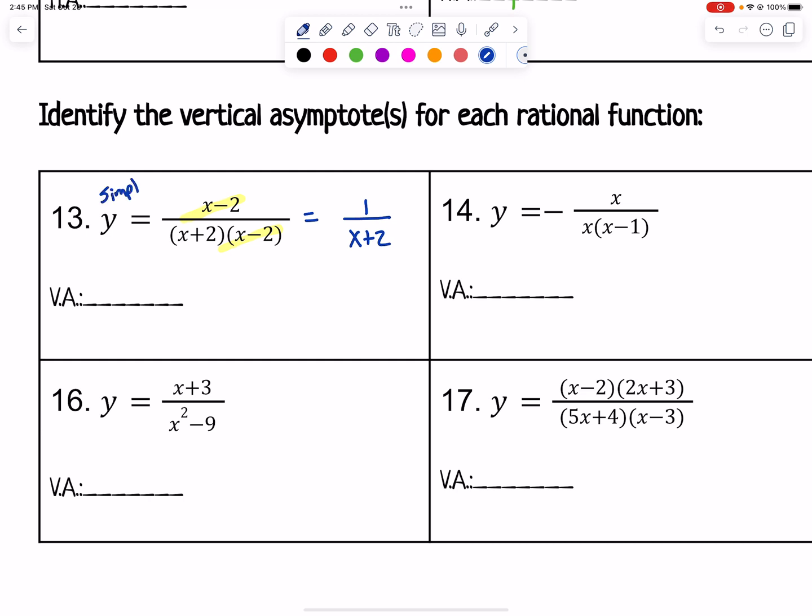And then what's left after you have a hole at x equals 2, that's what that would mean. Then I can look at where this denominator is restricted, and it would be restricted at x equals -2 because -2 plus 2 would give me 0, and that is not allowed. So the vertical asymptote is at that restricted value. So it would be x equals -2.